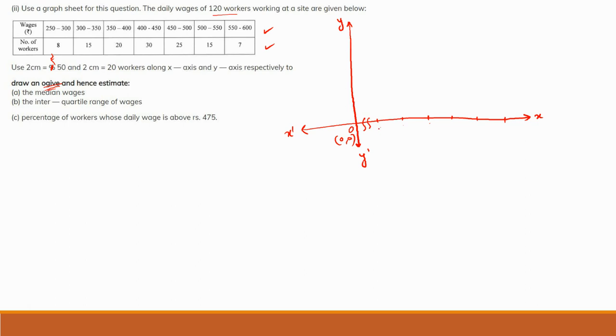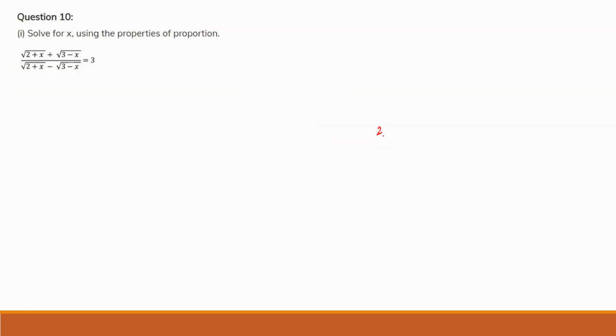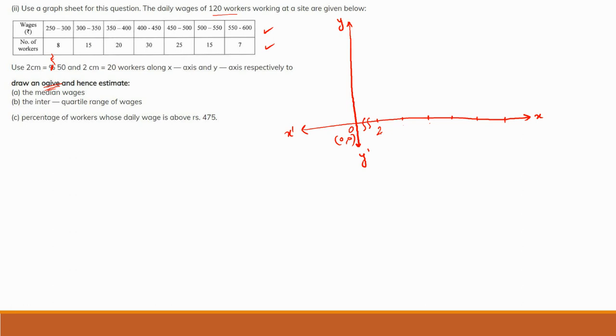The first point is 250 itself. This is 250. This is 300. This is 350. This is 400. This is 450. This is 500. This is 550. This is 600.